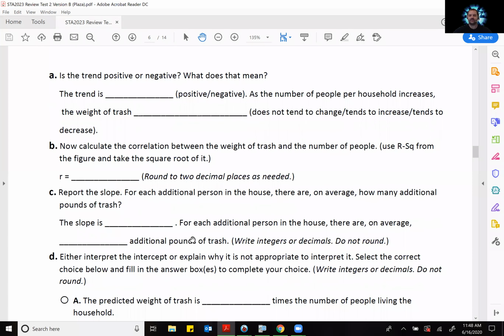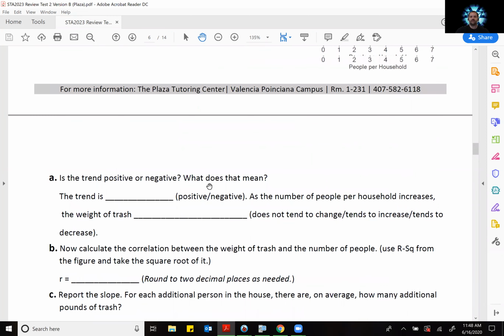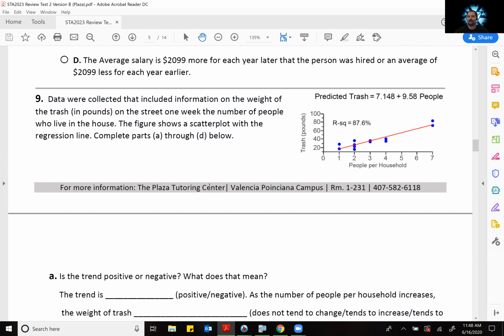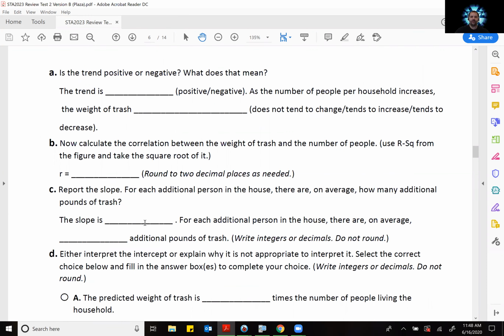Okay. So now it says part C, report the slope and basically interpret it. So the slope is what? Is it 9.58? Okay. So there's our first blank. So the slope is 9.58.